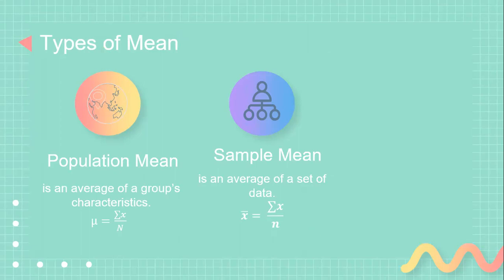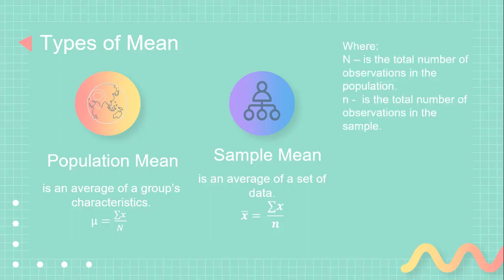So x bar equals summation x over n, where the capital N is the total number of observations in the population, and the small n is the total number of observations in the sample.